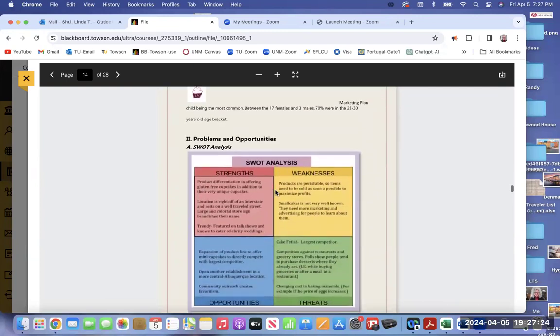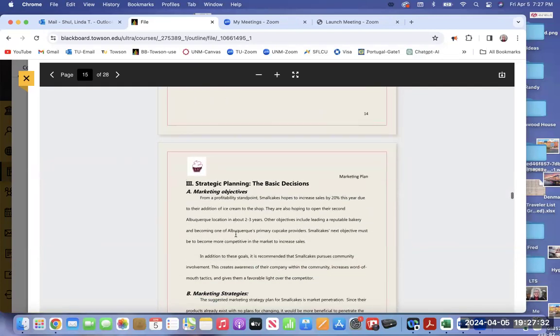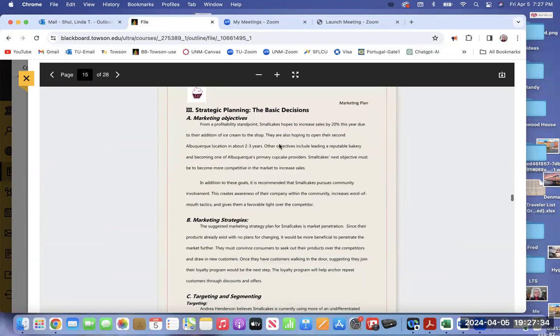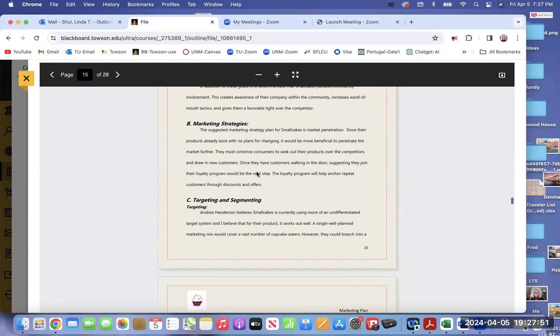Okay, and then the SWOT analysis, this looks really nice, and you could see they have full sentences in each. The marketing objective, okay, here we have quantifiable and time specific. Okay, and here is again time specific. Okay, the marketing strategy, this one is market penetration.